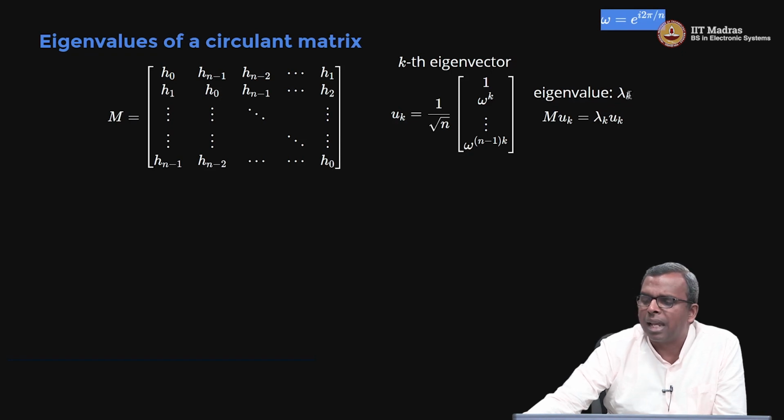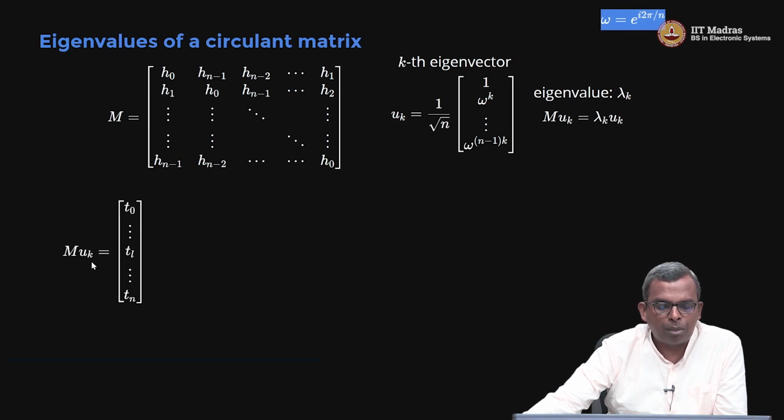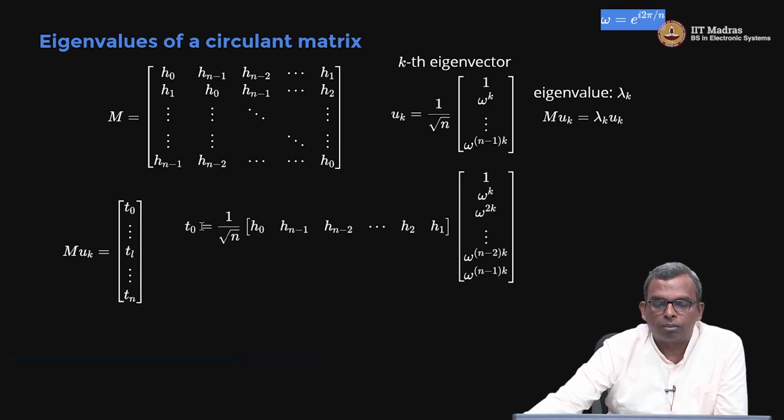So now let's try and find out what this lambda k is. It's easy to find lambda k from this equation, right? So let us just say M times uk is t0 till tn, some t0 to tn. Now, t0 is very easy to write down, no? t0 is actually 1 by root n times the first row, h0, hn minus 1 till h1, multiplied by this column vector here.